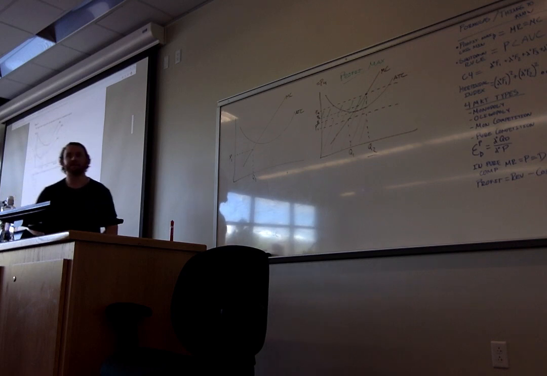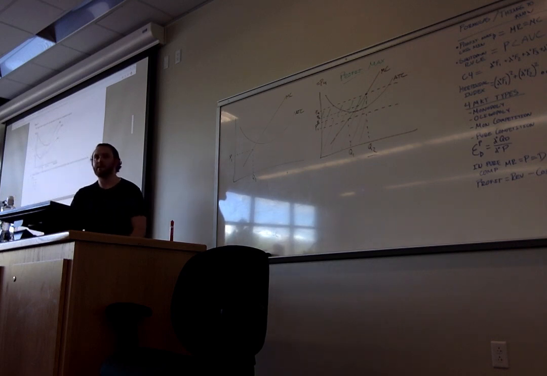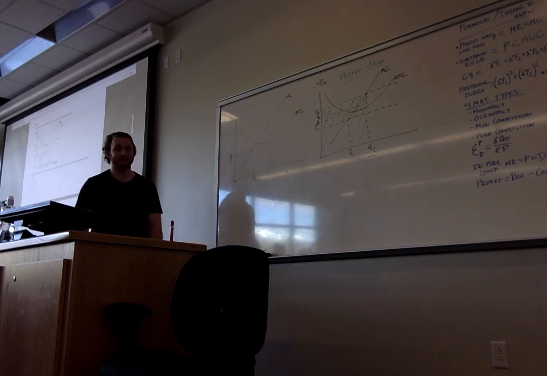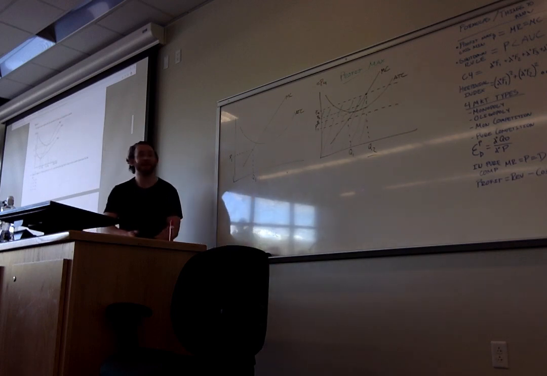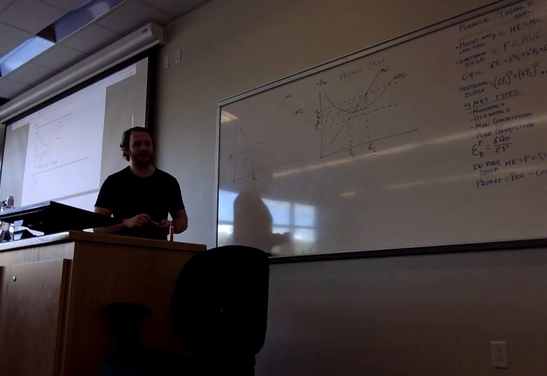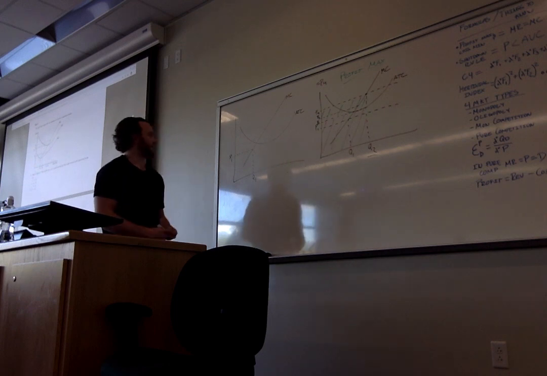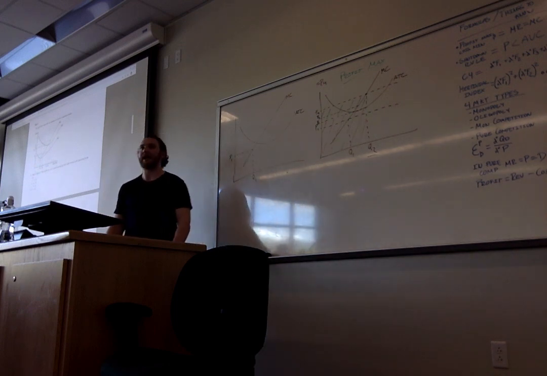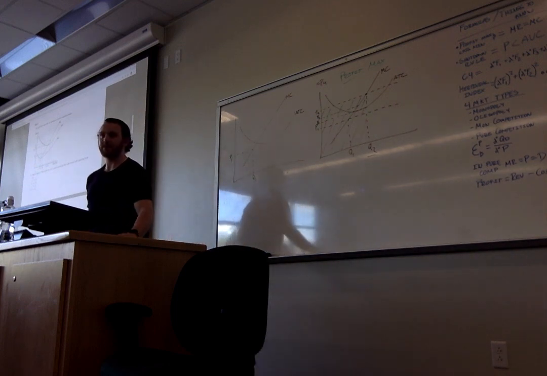How would you find your revenue here? P1 times Q1, right? Now, you're not going to make a profit here, right? Why are you not going to make a profit? Because you're below the average total cost. Exactly. So then how do we figure out how much money we're losing in this scenario?